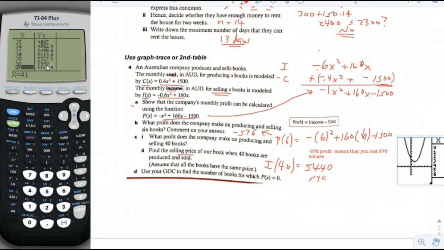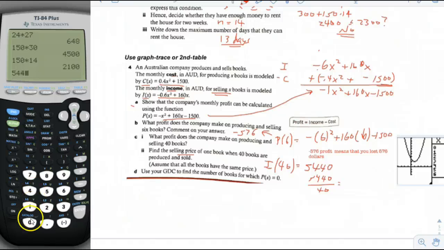If I do that, then I'm going to get the price of one book. 5,440 divided by 40. One book costs $136. Must be a textbook to be so expensive, huh?